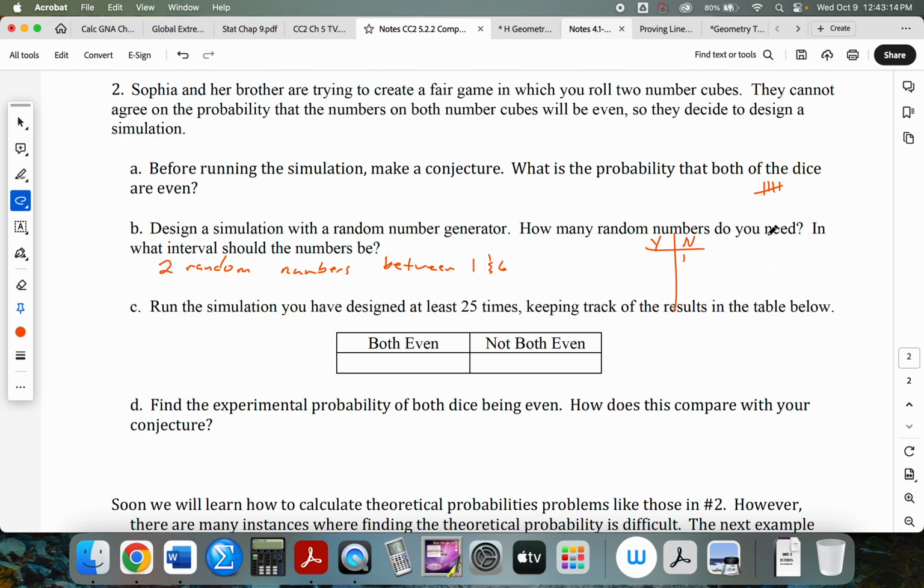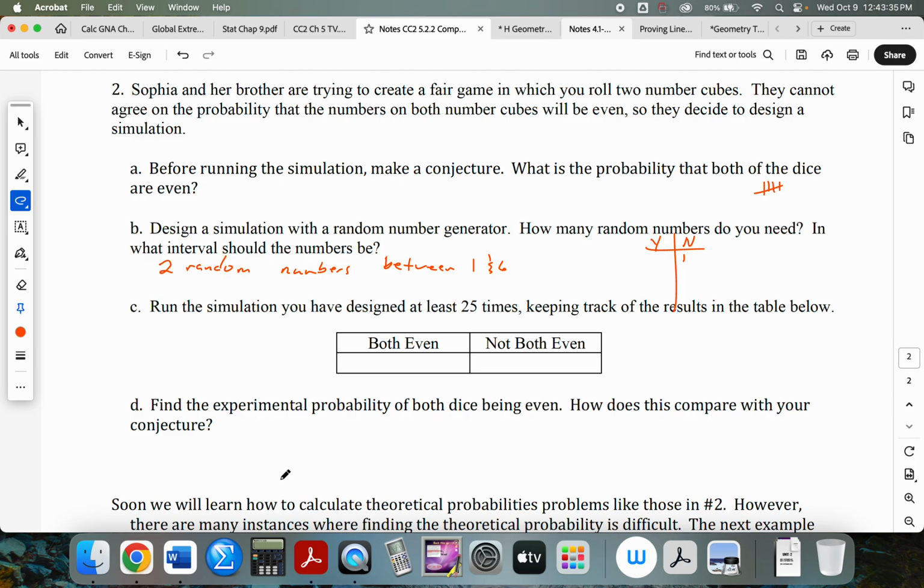Everybody try this 25 times. Can we put it in the chart? Yeah, you can keep track of it here. You don't have to make your own. So go ahead and use your iPad to do that.